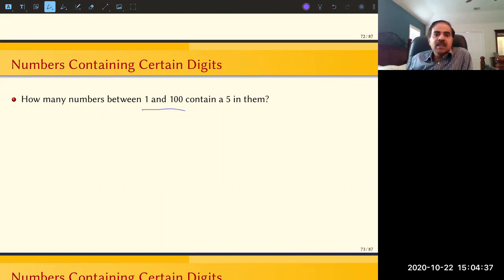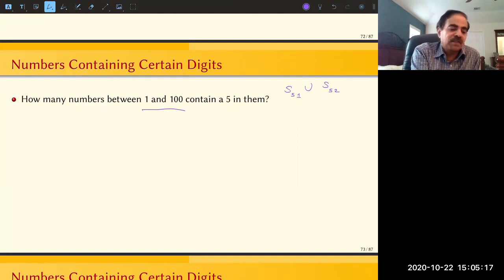Because if we count this 10 plus that 10, then 55 will be counted twice, okay? And by the way, that's another instance of the inclusion-exclusion principle. What we went through is we took the set of numbers that have a 5 in the ones position, let's say S1, and then we tried to do a union with S2, the set with a 5 in the tens position, the second digit.